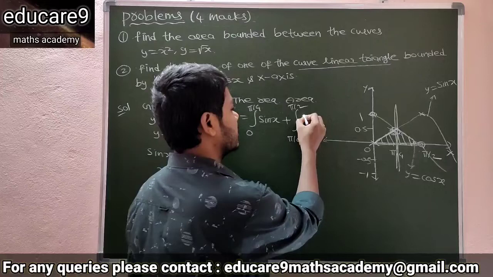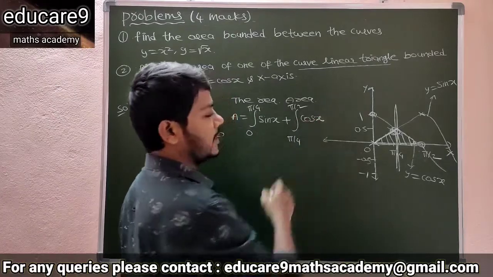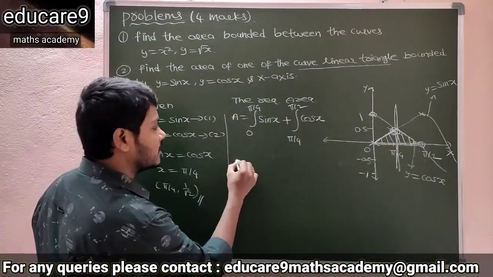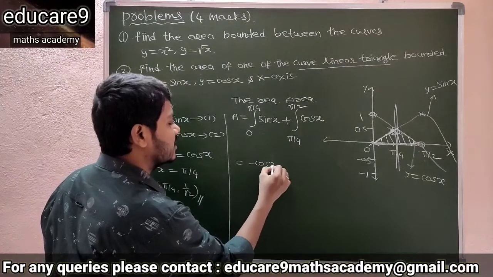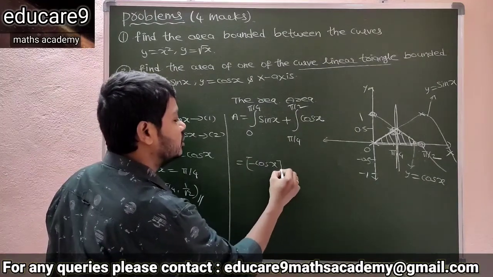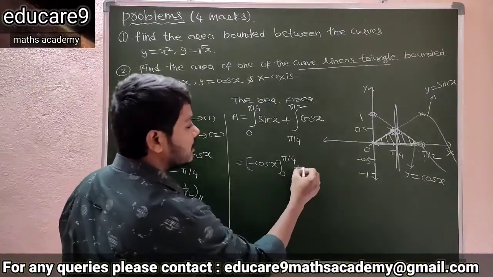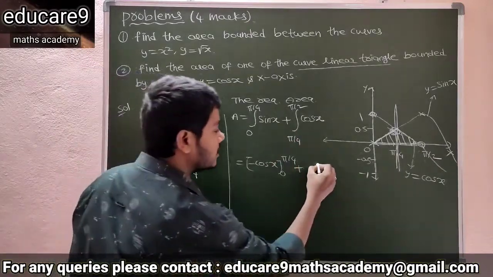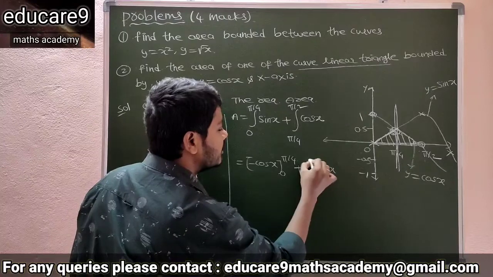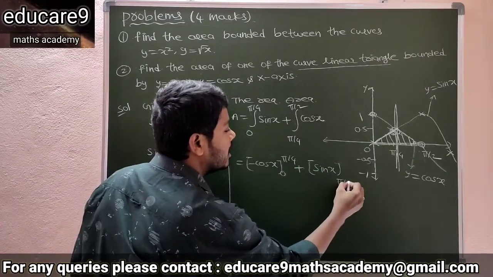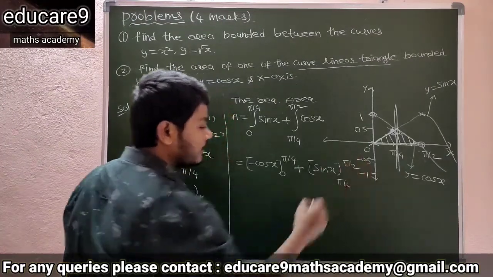Cos x. Okay. See here, what is the integration of sin x? That is minus cos x within the interval 0 to pi by 4. Plus integration of cos x, that is sin x, within the interval pi by 4 to pi by 2.